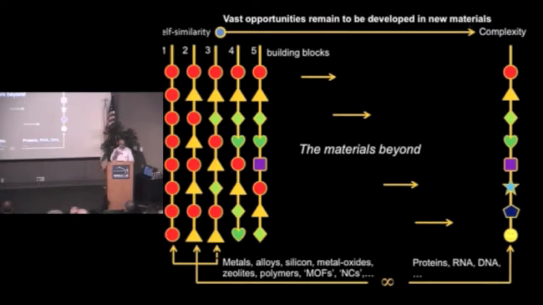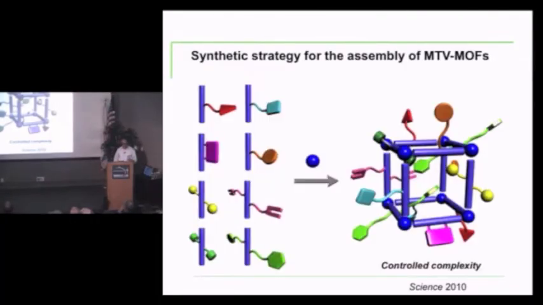Once you start thinking in terms of heterogeneous kind of building units in one material, you immediately face not just the excitement of what kind of materials you would be able to make, but also the challenge of how you're going to make them and how you're going to characterize them. And I just want to show you one example of how challenging this problem can be, but also that we have hope that we can overcome this issue of making and characterizing.